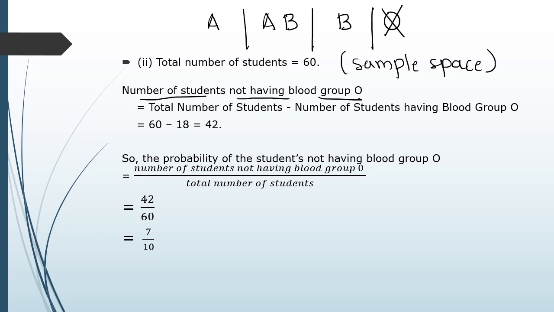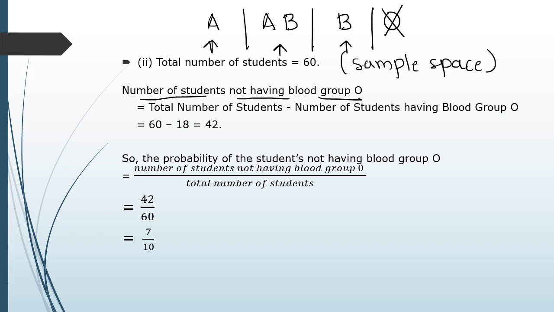If we want to select a student who doesn't have blood group O, which means they can have either blood group A or AB or B. Out of these 3, that student could be any one blood group type.